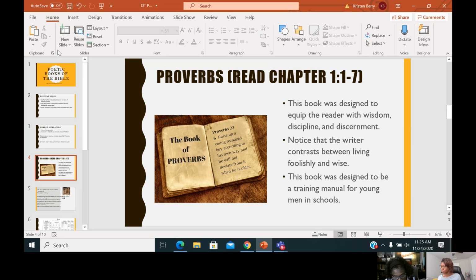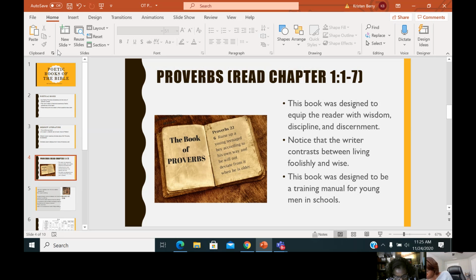The Proverbs of Solomon, son of David, king of Israel, for gaining wisdom and instruction, for understanding words of insight, for receiving instructions in prudent behavior, doing what is right and just and fair, for giving prudence to those who are simple, knowledge and discretion to the young.